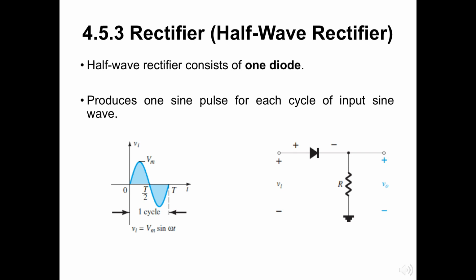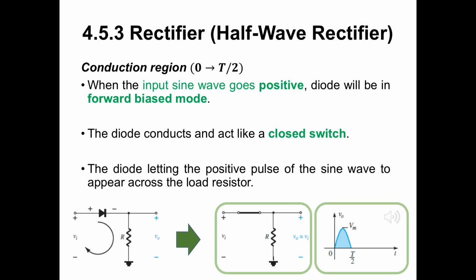The right side here is the half-wave rectifier, which has a diode connected with a resistor. Since the sine wave has positive and negative voltage input Vi, here we can describe it as two regions of conductivity. The conduction region is stated when t is from 0 to T by 2.